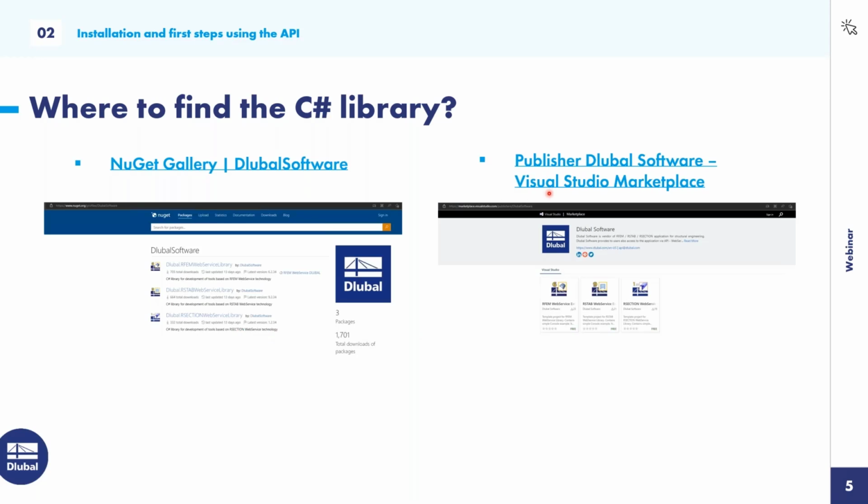Here is a link to the marketplace for Visual Studio, where you can download the template for the project, and then use it in the IDE which you are using for development. Those are our two sources of libraries for C#.